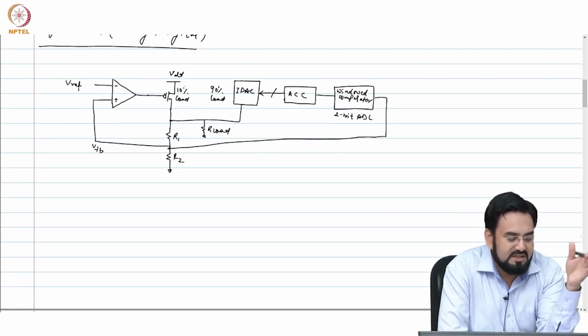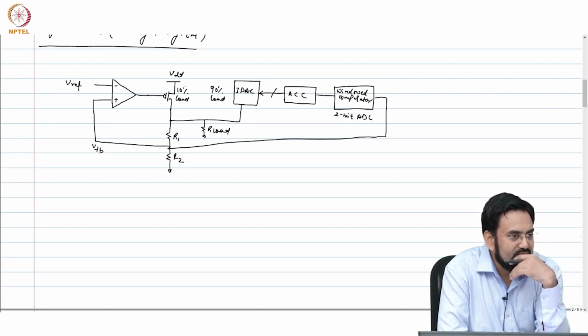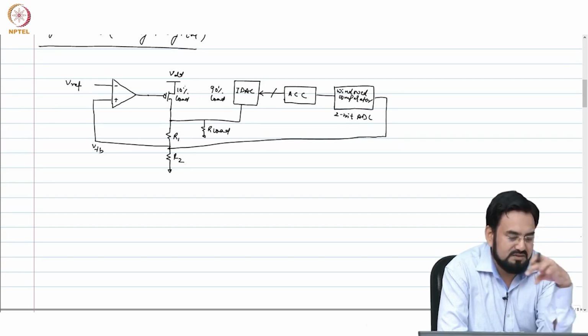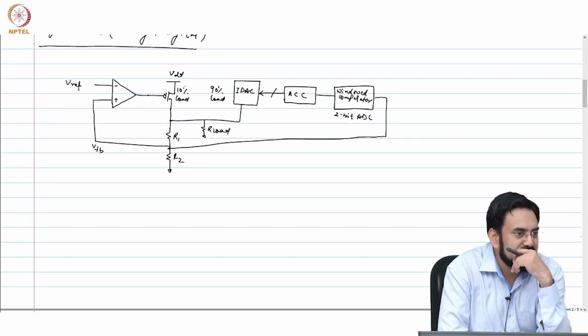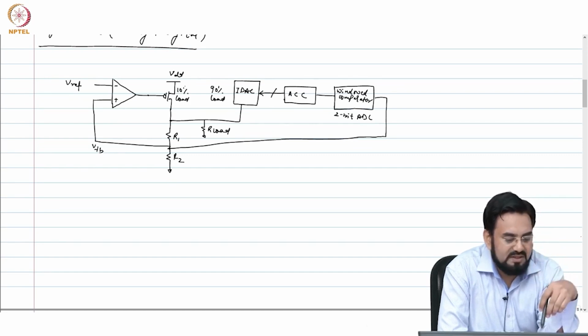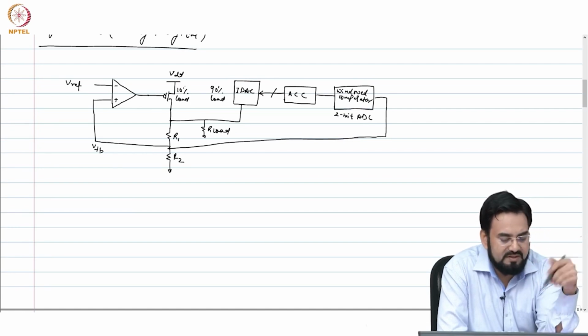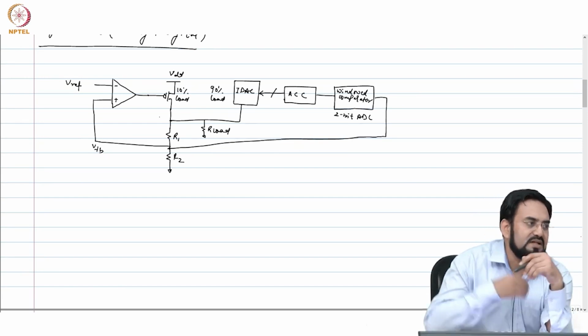So which means your VGS minus VTH will be minus 100 millivolt because of the PMOS. So whenever the difference between your gate and source goes beyond 100 millivolt, which means now it is carrying more than 1 milliamp current, and you can take the decision to turn on the DAC. So both ways are okay, whether you sense the current or sense the gate voltage.